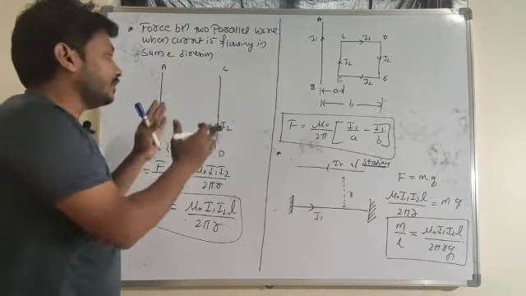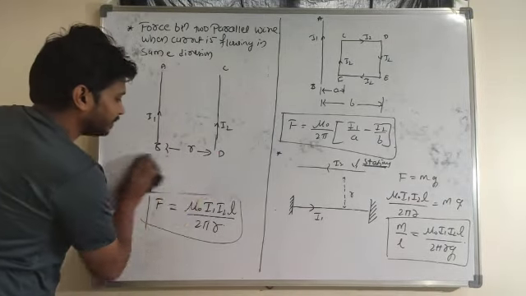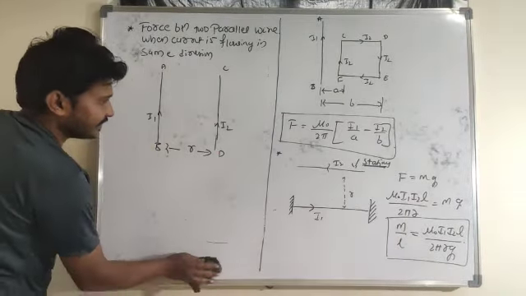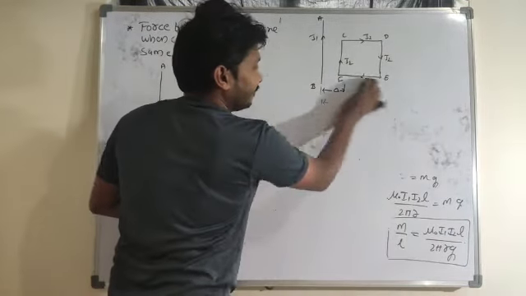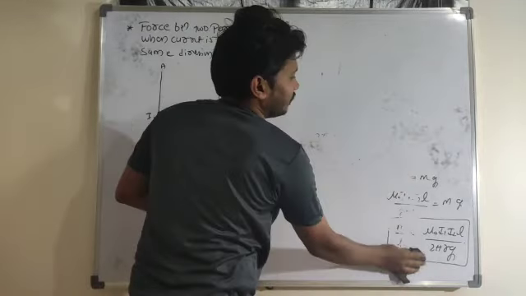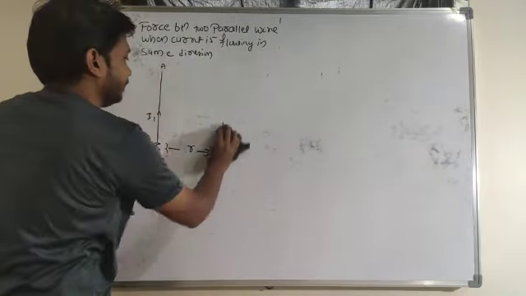Suppose I consider three wires here, then what about the force between the three wires? I need to consider force per unit length, F by L, in case of three wires.